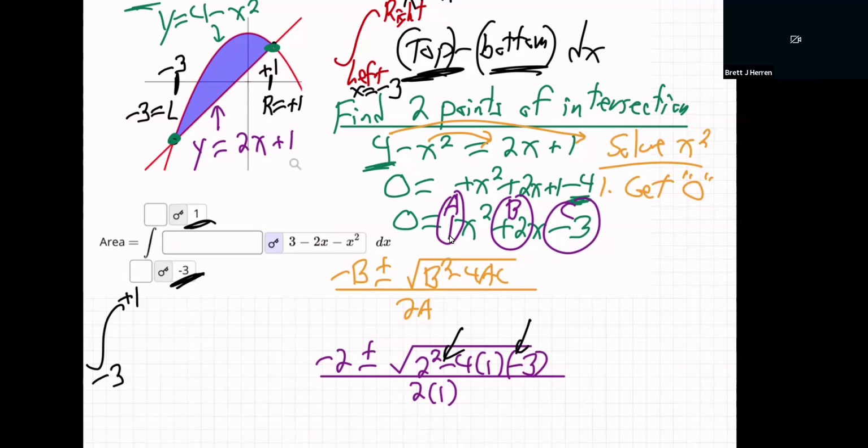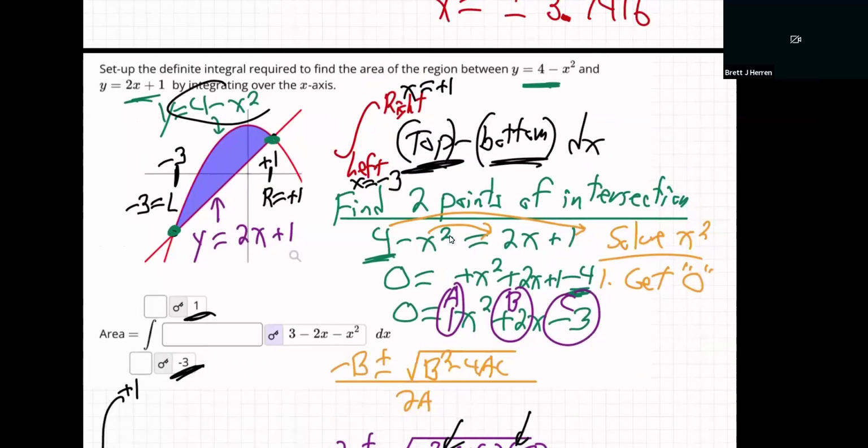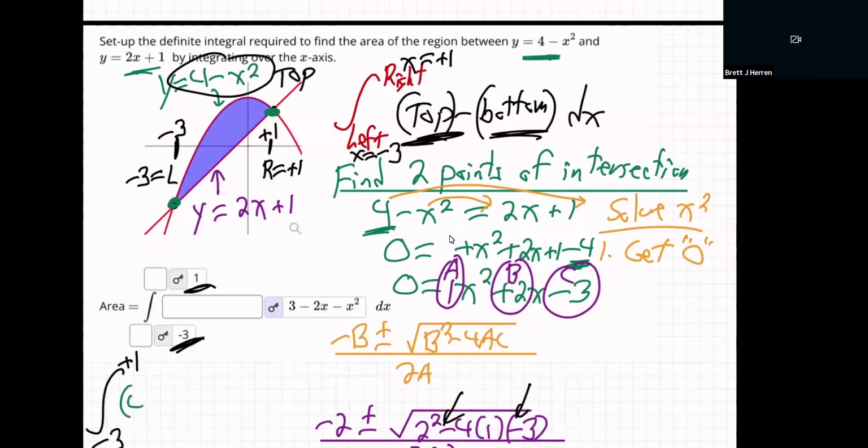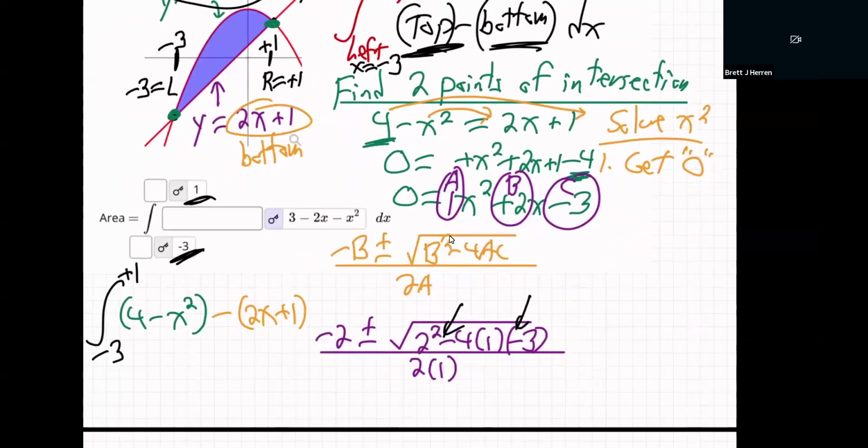Remember, it's top minus bottom. The top function is 4 minus x squared. Subtract the bottom function, the straight line on the bottom.